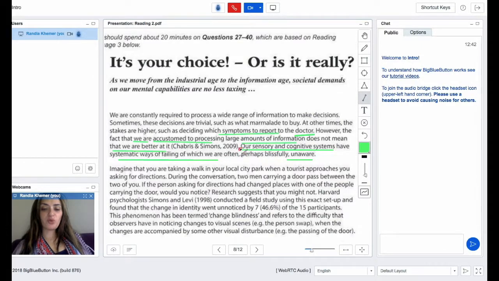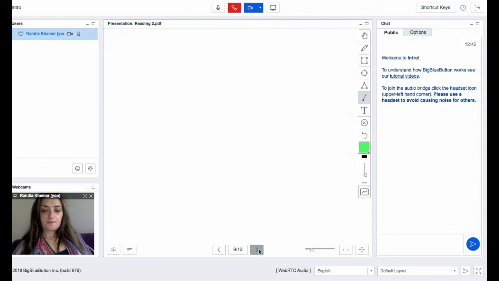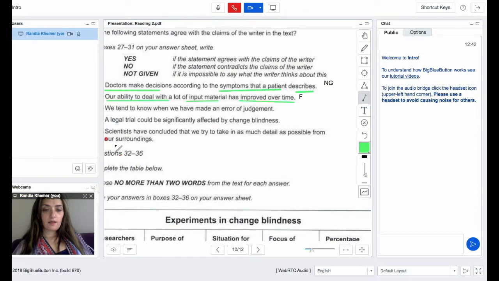This is not important because it's between two commas, right? We're looking for the keywords. When we have made an error of judgment, we tend to know. We said here unaware, right? And an error of judgment is like failing, right?